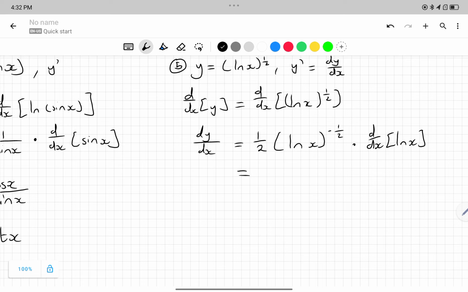So we have 1 over x to the exponent of 1 over 2, then x to the exponent of negative 1, multiplied by the derivative of this, which is 1 over x. So what I'm going to get is 1 over 2x root x. This is our solution.